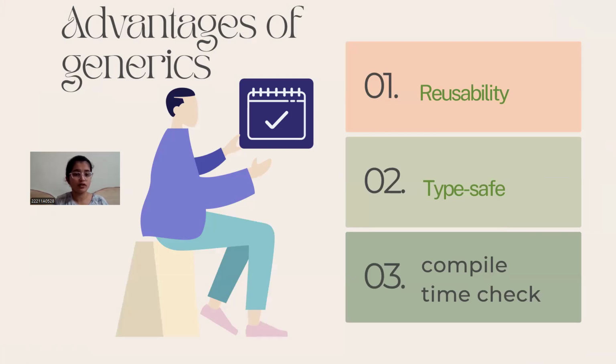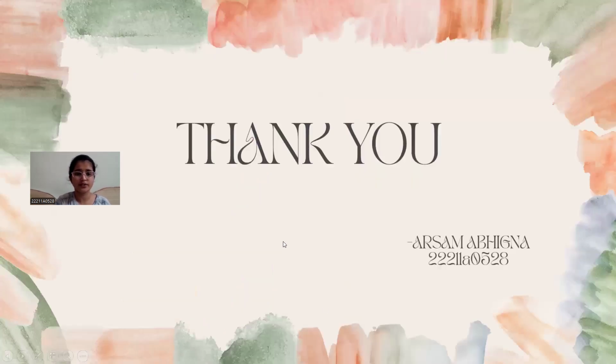We cannot rewrite always. So by using generics, reusability of that particular program increases. As I have said before, it is also type safe. And compile time checks can also be done using generics. That's how it works.